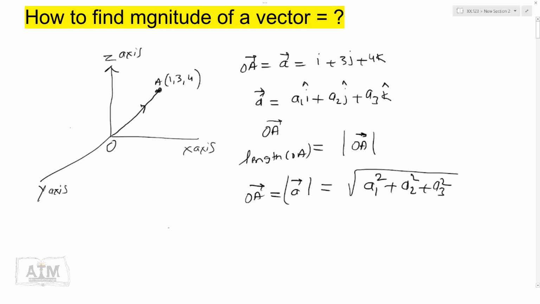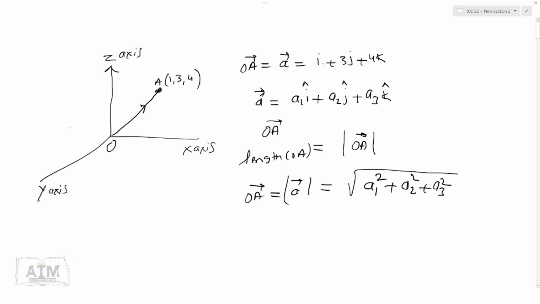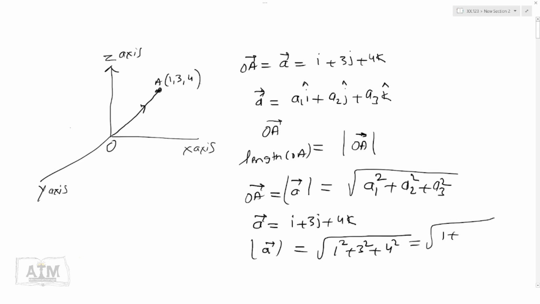Here in our question, vector A is 1i plus 3j plus 4k. So the magnitude of vector A is given by the under root of 1 square plus 3 square plus 4 square, that equals 1 plus 9 plus 16, which equals under root of 26.